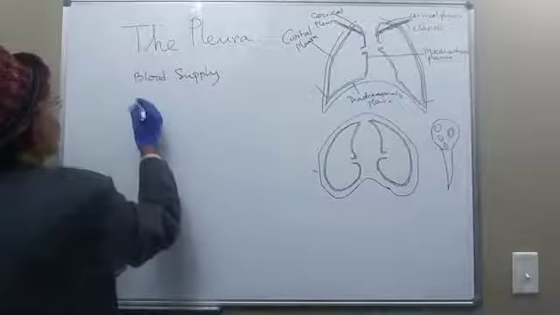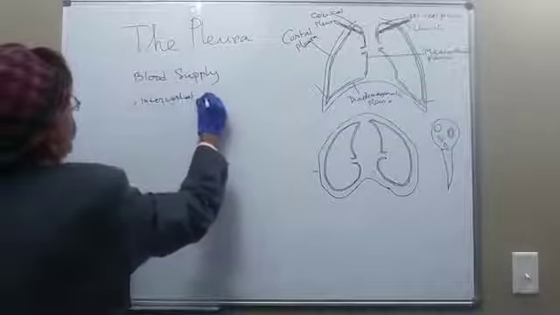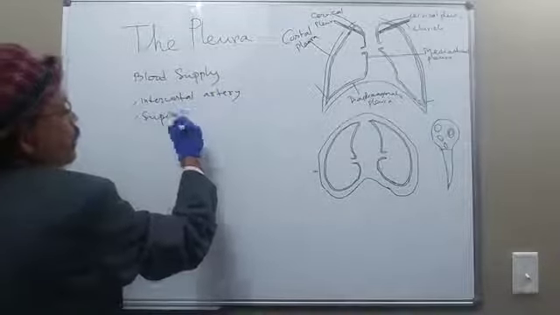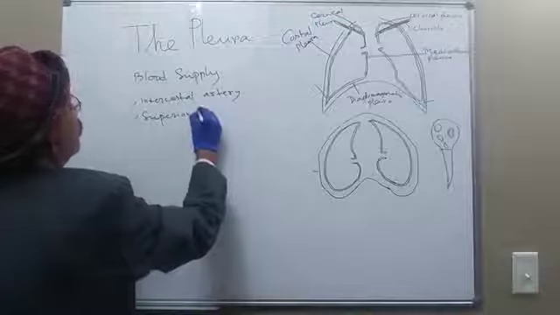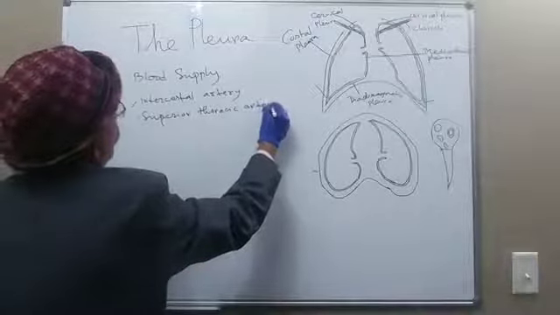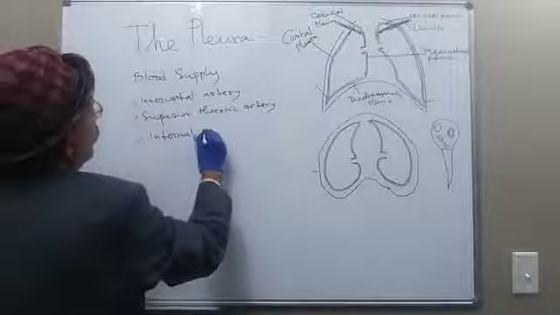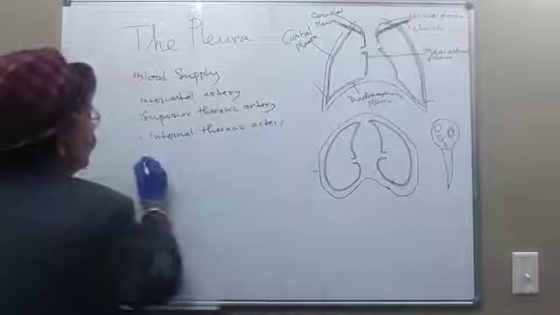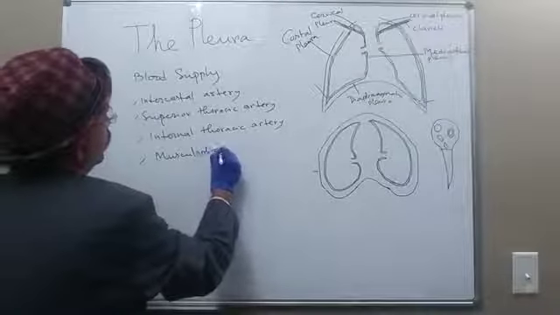Blood supply is from the intercostal artery, superior thoracic artery, especially for the cervical pleura, the internal thoracic artery, and also a contribution from the musculophrenic artery.